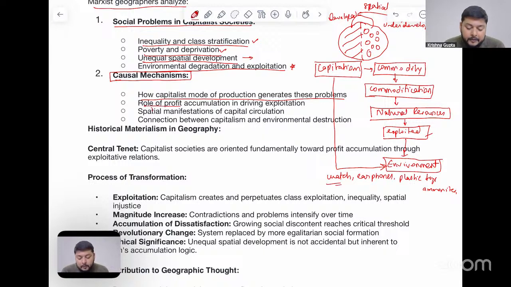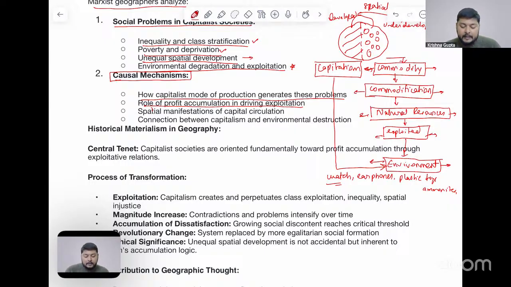Then the role of profit accumulation in driving exploitation. When we are exploiting the environment and taking certain profit out of it, there is a positive feedback mechanism: there will be expansion of commodity production, commodification will also expand, natural resource exploitation will expand, and environmental degradation will also expand.